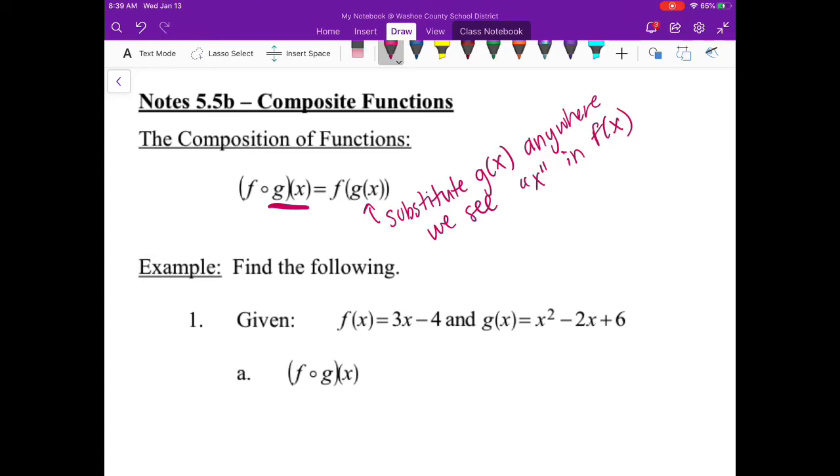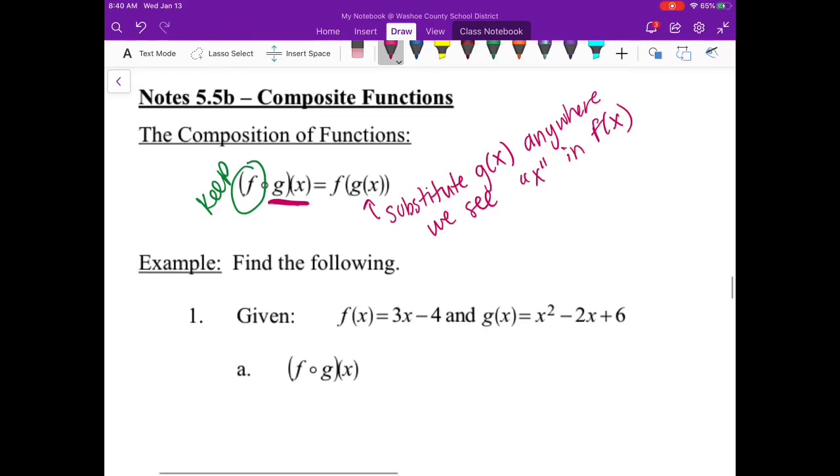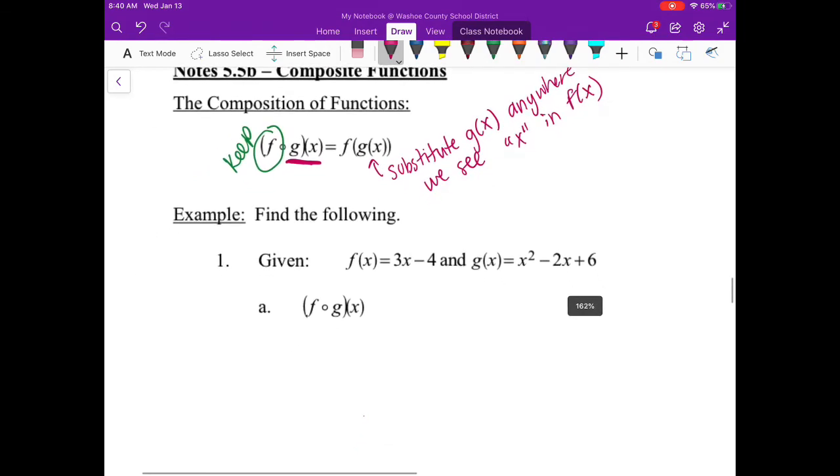And these could be flipped. So again, we're replacing every x value of the first function. Whatever is first, this is the function that we keep. And the second function is the one we replace x with, okay? So we're just creating a new function essentially by replacing the x with a different function. And this will make more sense once we actually start doing the examples.